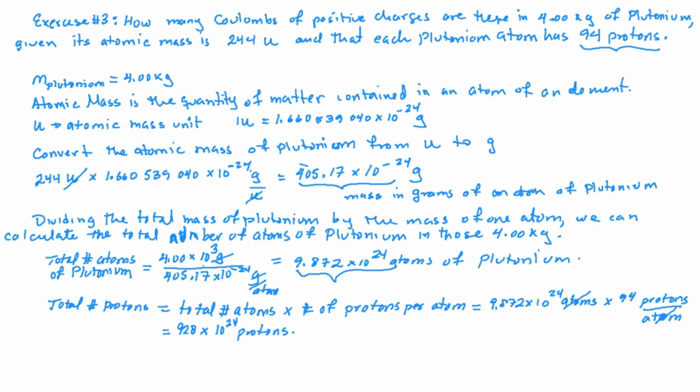Now, if we multiply the total number of protons times the charge of one proton, we can calculate the net charge of protons, the number of coulombs of positive charges.